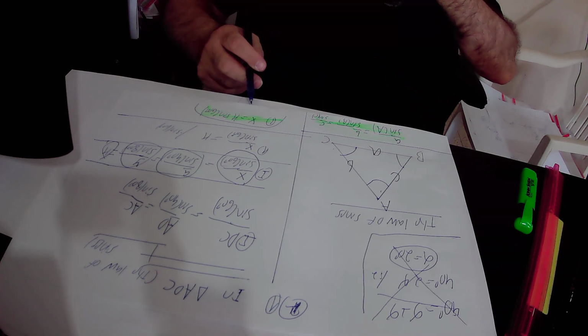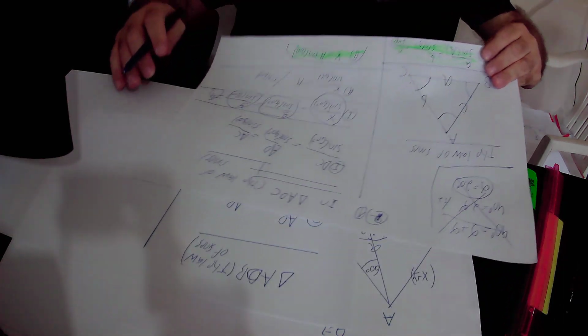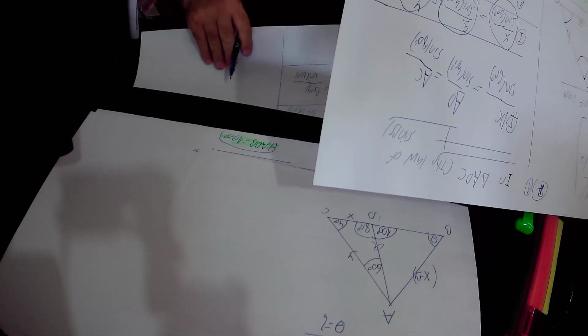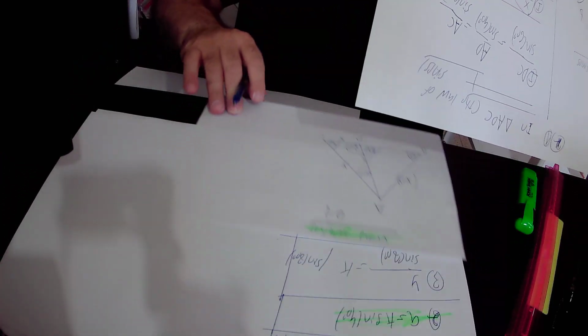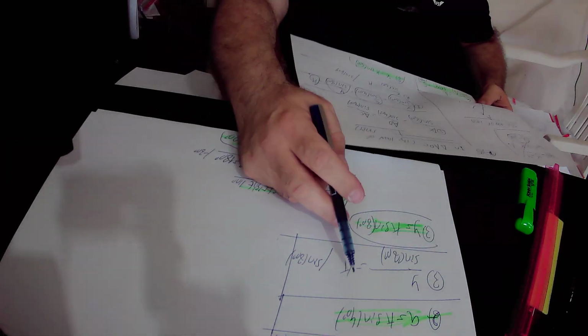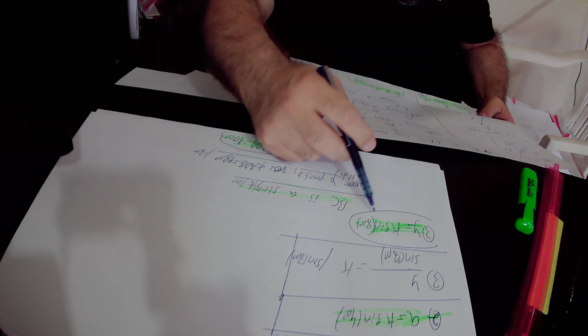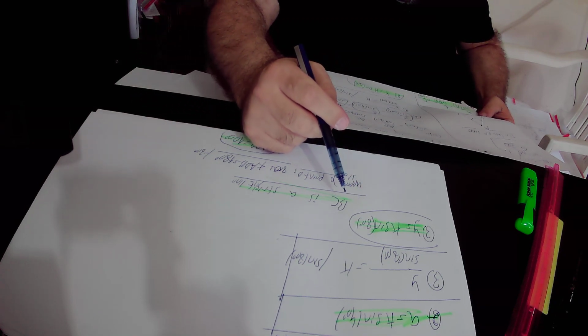Here, x equals k times sine 60 degrees. We found out that a equals k times sine 40 degrees, and that y equals k times sine 80 degrees.